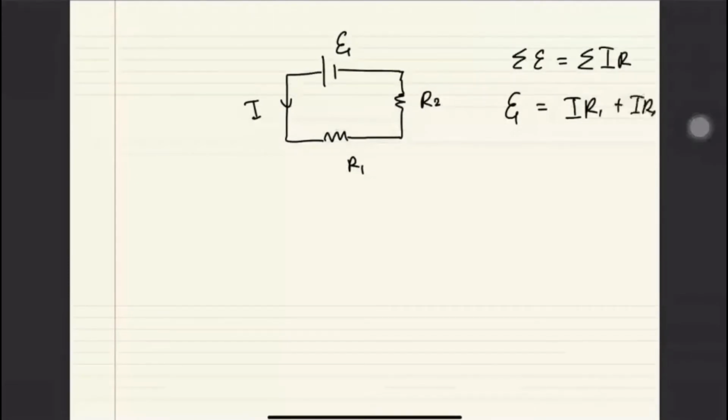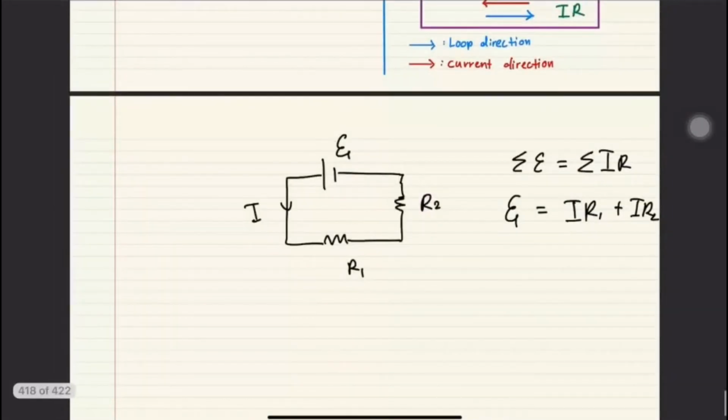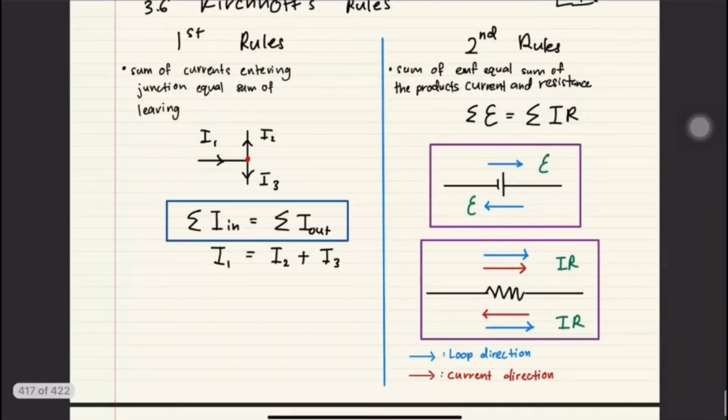This is just an example, we are not looking at details yet. Each of these is either positive or negative, so you have to determine positive and negative yourself. How to determine it? I will show an example.